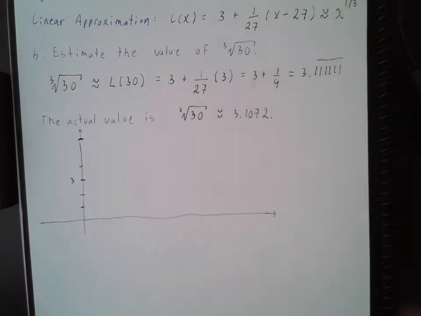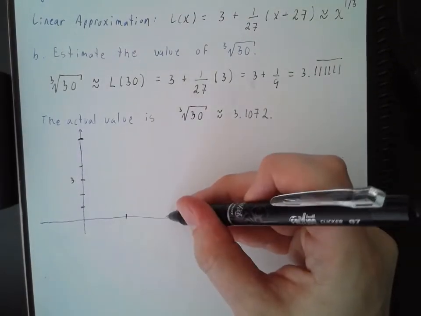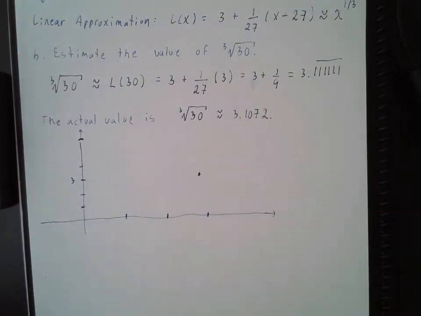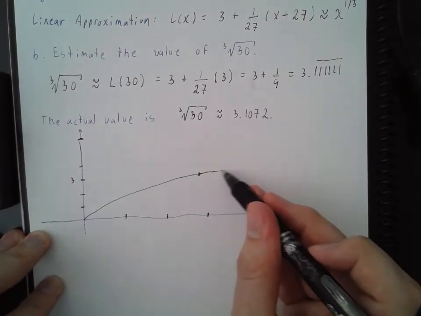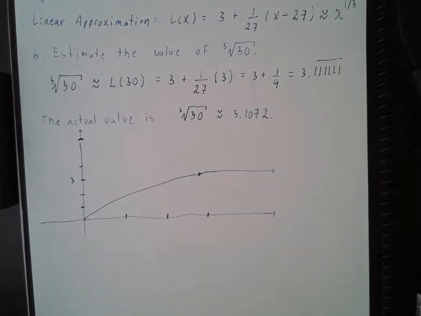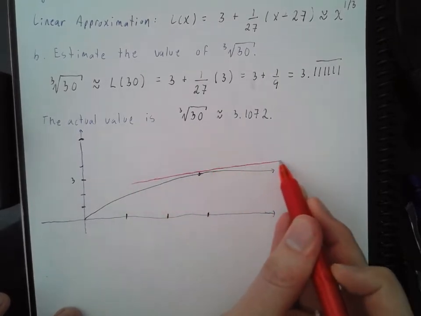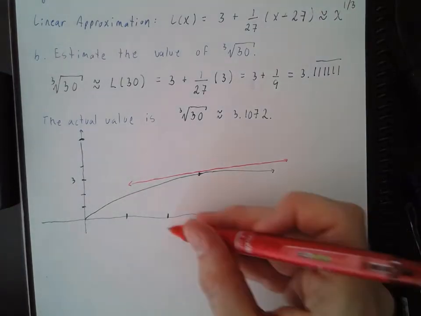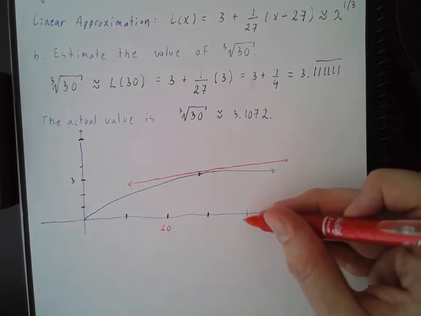Now over here, I'm not going to do a very detailed grid for 10, 20, and 30. Approximately, this cubic function is going to have this graph. So over here, you can see that the tangent line has a very small slope. So no wonder we're able to get a really good approximation. We might even get a good approximation for the cubic root of 20 or the cubic root of 40.